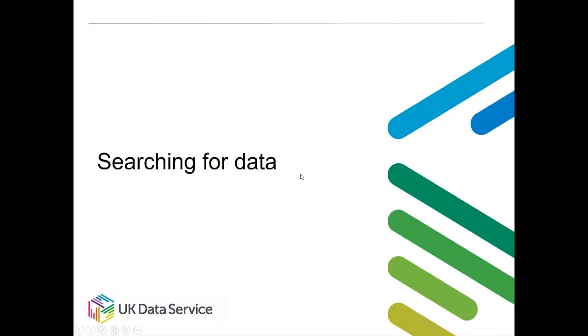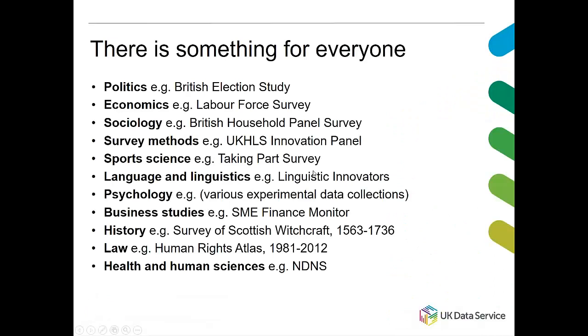Okay, searching. So as I say, I'm not going to go through this in great depth because if you want more guidance, the webinar is next Thursday. Now, we like to think that we have something for everybody. So whatever discipline you're from, whether you're a historian or an economist, there will be something there for you. And half the fun, I think, is actually having a play around just to see what there is.